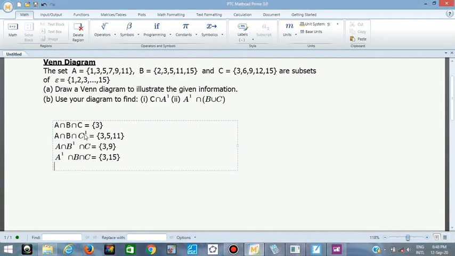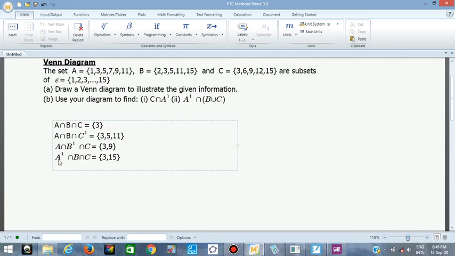That means we don't have it in C, which is we only have it in A and B. So we don't mention C. That is you have 3, 5, and 11. Then elements you have in A and C, we don't have in B. So this symbol here means we don't have it in B. That is in A, we have 3, we have 9. You can see 3 and 9, they are present in A and C. If you check well, those are the 2 elements present.